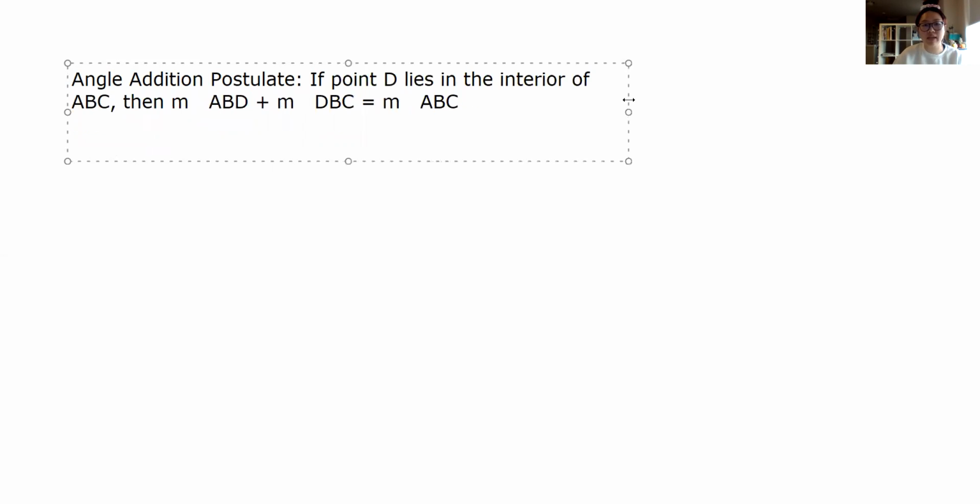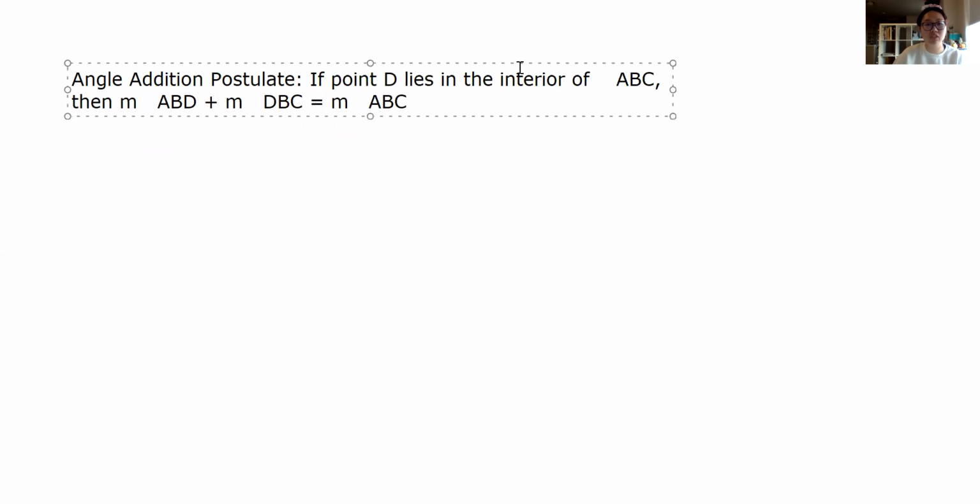And the reason why I left some of these spaces is so that I can go ahead and add in our proper notation. Because when we're talking about angles, they do have that little angle marking in front of them. So I'm talking about the interior of angle ABC. Then we get the measure of angle ABD added to the measure of angle DBC equals the measure of angle ABC.